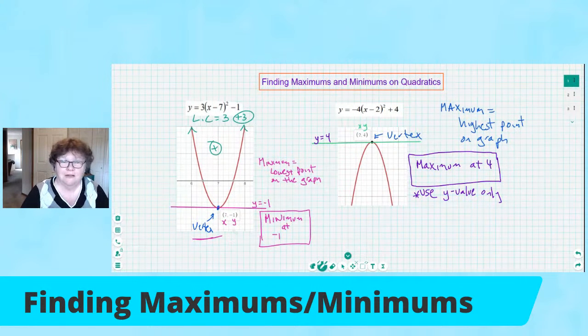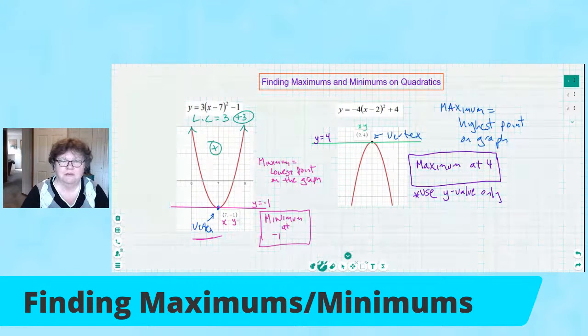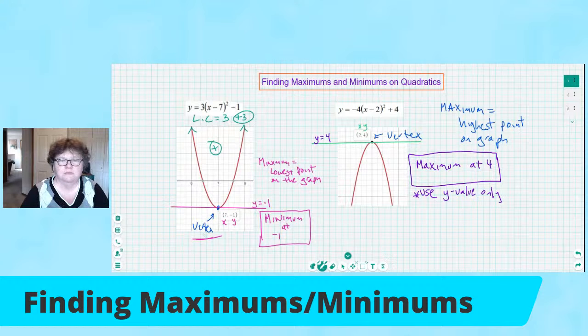And I care about that because if it opens up, then the vertex will always be a minimum every time. Okay, so then on the second one here, the leading coefficient this time is -4. This is my crazy way of remembering this. So if a parabola opens down, it's sad. And I can frown, and I'm making a parabola upside down.